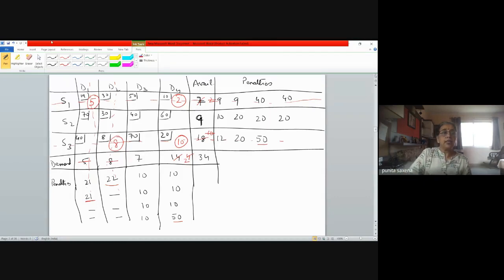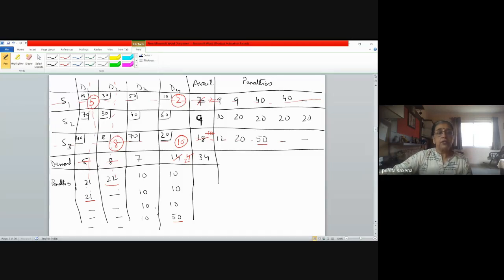Is that okay? Now we repeat the procedure. I don't need to compute the penalty here. In my second row, the penalty is still 20. I don't need to compute the penalty here. No penalty required here.